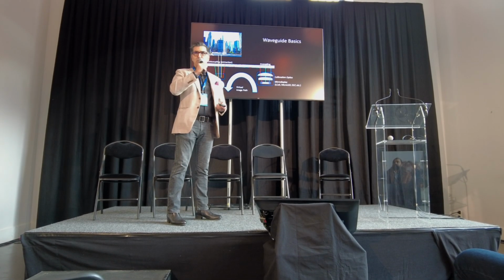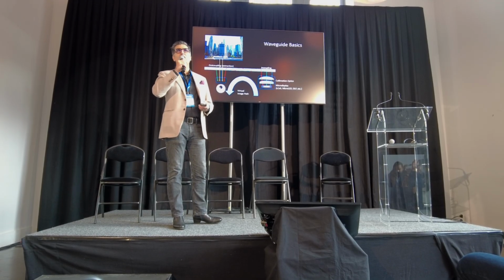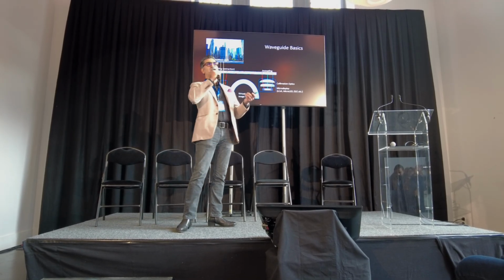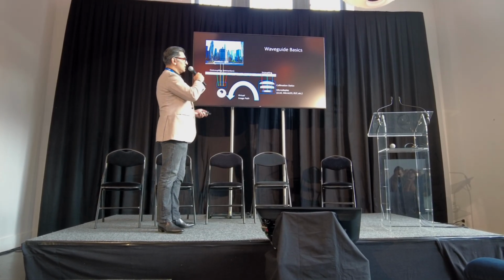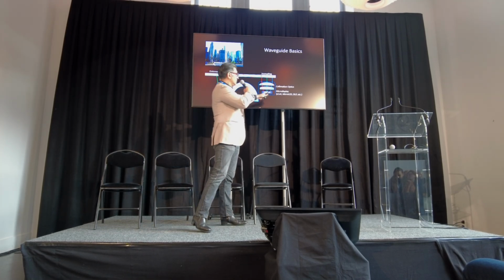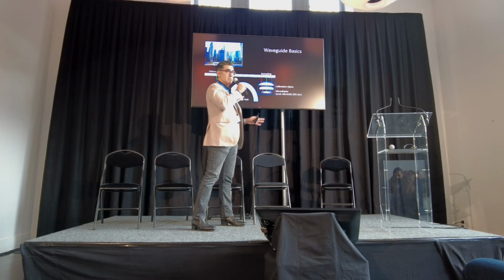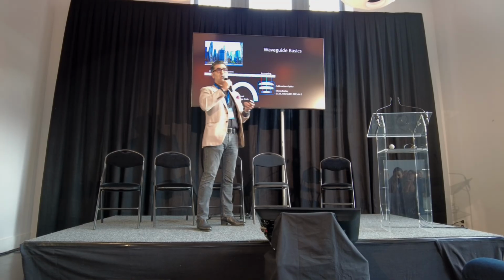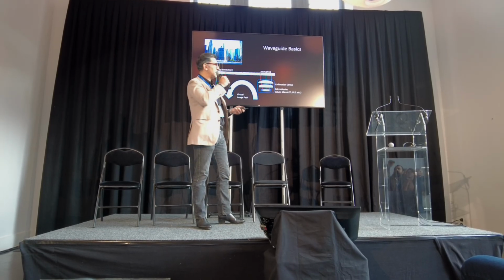And a little bit of basics for those of you who are not optical engineers. What is a waveguide? What does it do? Well, a waveguide, quite simply, guides light from one area to another. That's basically why it's called a waveguide, light guide.